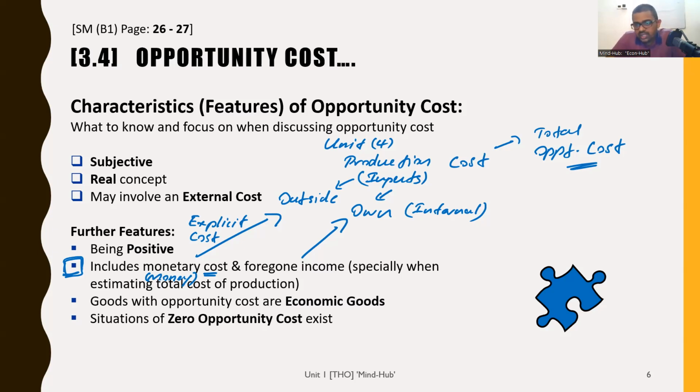I might be using the building in my own business, but still, just because I don't have a money cost, just because I'm not paying anything to anyone else, I can't say there is no opportunity cost. There is an indirect cost, or we call this implicit cost. Implicit, when you don't say something directly, implying. Implicit cost. There's an indirect cost. What is the implicit cost?